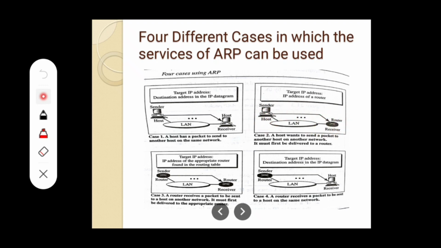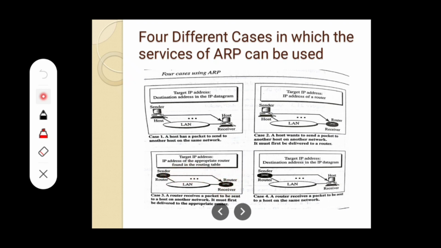Now case 3: a router receives a packet to be sent to a host on another network. It must first deliver it to the appropriate router. So a packet that came from another host reaches a router. It has to be given to another network, and for reaching that network, you have to transfer it to the next adjacent router. So here the target IP address is the IP address of this router.